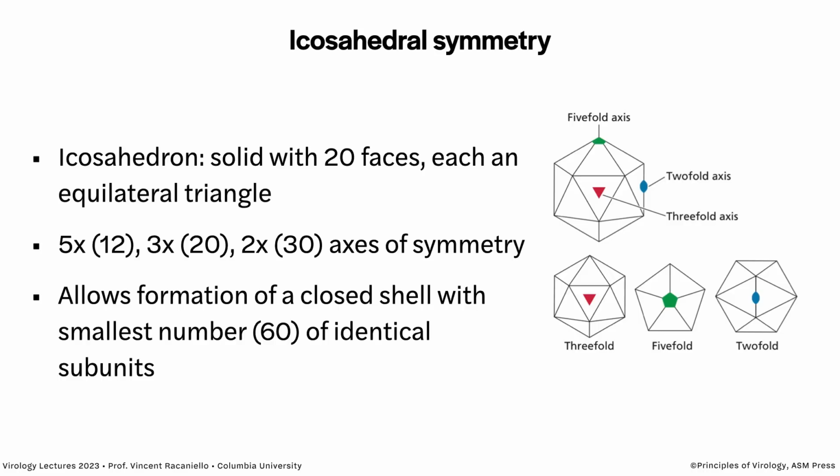The assembly of each of those equilateral triangles into an icosahedron gives rise to what we call the axes of symmetry, simply the points around which there are certain numbers of subunits. So for example, there are a dozen 5-fold axes of symmetry in an icosahedron. That is shown in the green. There are 20 3-fold axes of symmetry, and there are 30 2-fold axes. And all these mean is that there are 5 copies around each one.